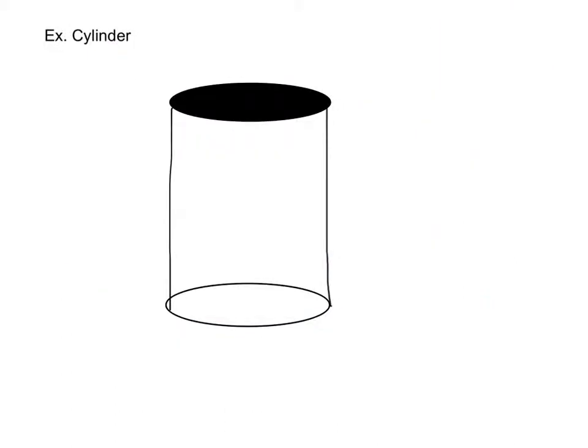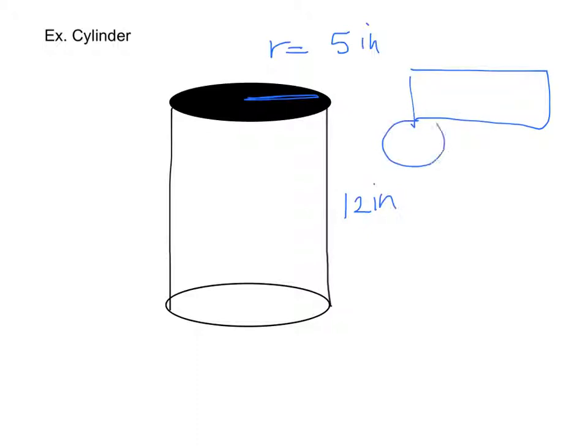So for a cylinder, we're going to need the length of the radius. For this one, it's going to be 5. And the height, for this one, it's going to be 12. We're going to do inches. So here we just have a long lateral face, and then we have 2 circular bases. So we can find the lateral face.